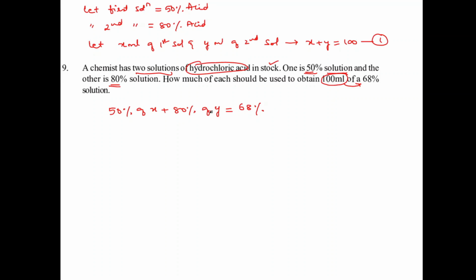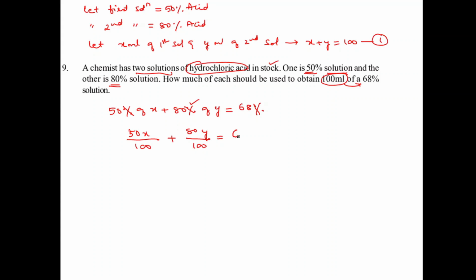Hope it is clear. So now this is 50 by 100, this is 80 by 100, this is 68 by 100, right? If you solve this, the percentage is removed eventually. So let's see how we do this in a different way. I can say this as 50x by 100 plus 80y by 100, writing it in the denominator.